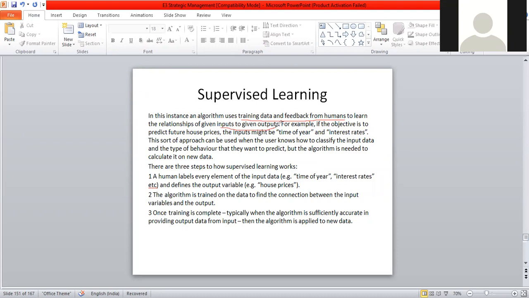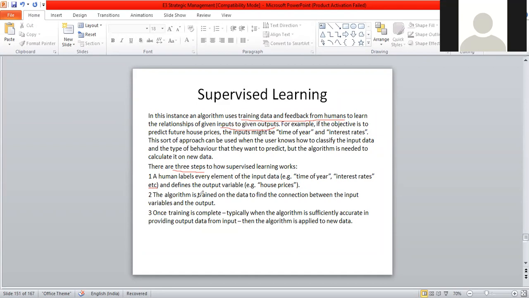So that's supervised learning. There are three steps as to how supervised learning works. The first one is a human labels every element of the input data. Fine. Then defines what should be the output data. So the labeling part of it, the inputting of the data part of it is taken care of by human beings, and accordingly the tasks are performed by the machines.